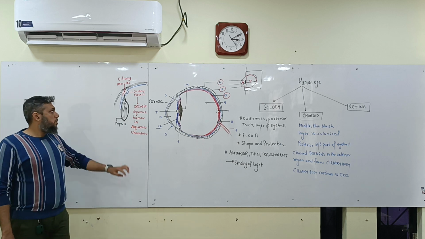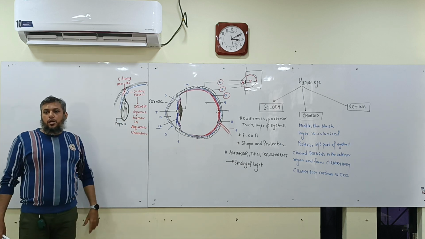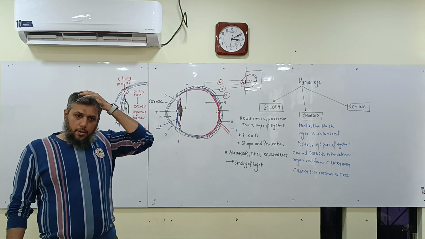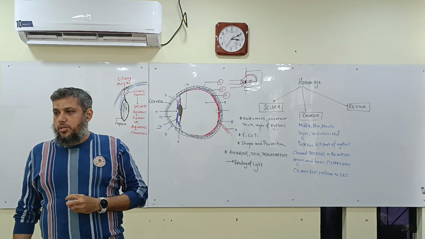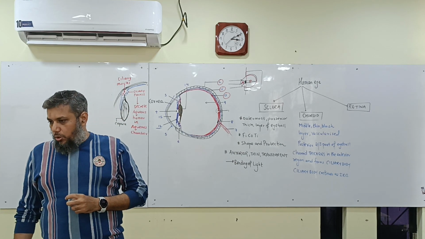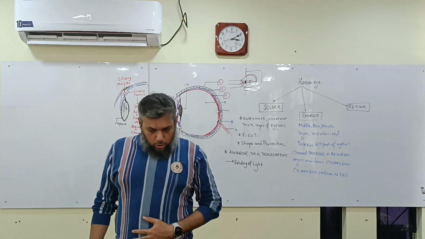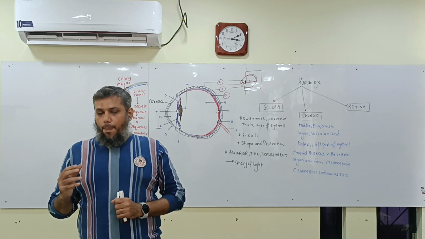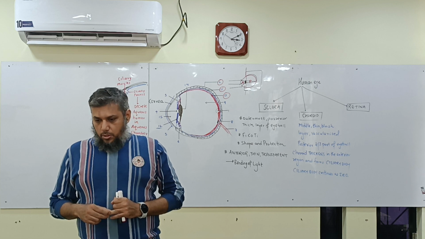Okay? And these ciliary muscles are controlled by your brain, by the autonomous nervous system, which works voluntarily or automatically. Automatically. So ये जो ciliary muscles का contraction relaxation होगा, आपकी इच्छा अनुसार होगा कि खुद ब खुद होगा?